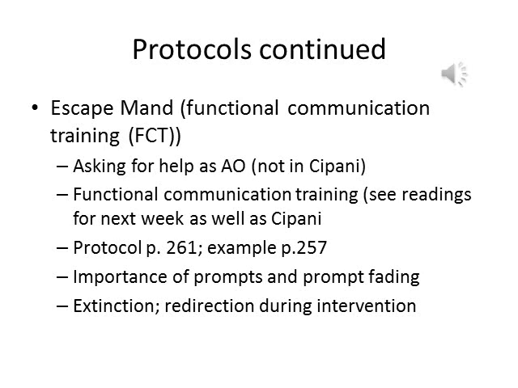Asking for help is not explicitly discussed in Sapani, but the same procedures contained in Sapani would be used to plan for that. But at any rate, functional communication training, or escape man, is a very, very widely researched, I think, and life quality kind of thing where you're teaching a person to communicate as opposed to misbehave to receive some desired outcome. Blank protocol on page 261, nice example on page 257 from a case.